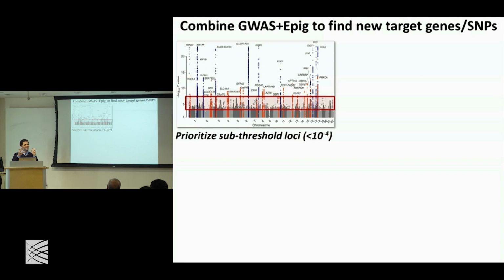But instead of just prioritizing SNPs and genes within specific loci, what we'd like to also do is prioritize entirely new loci. If you look at genome-wide association plots, which we call Manhattan plots, what you see is these very tall skyscrapers that are standing out over the New York skyline.